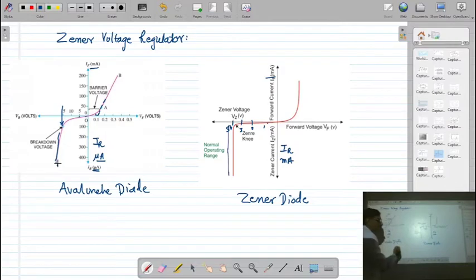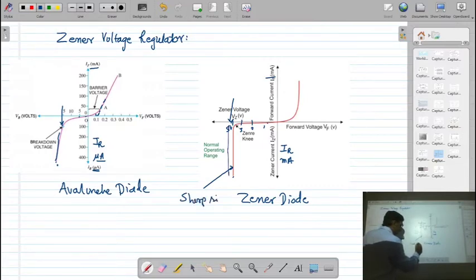While in the case of the Zener diode, at a particular voltage, the current suddenly increases and we have a sharp rise in current. Here the sharp breakdown is not there. So this is the difference between an avalanche diode and the Zener diode.